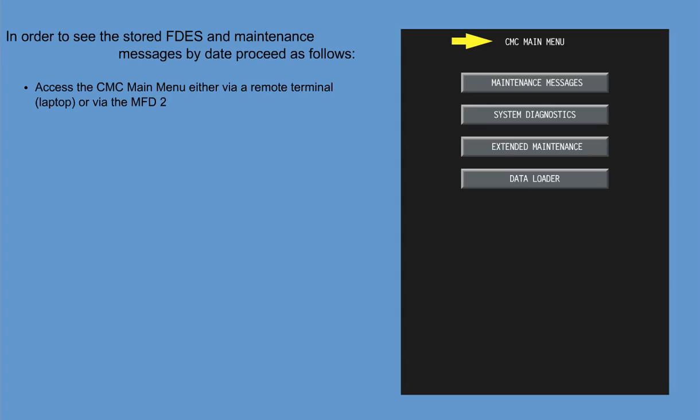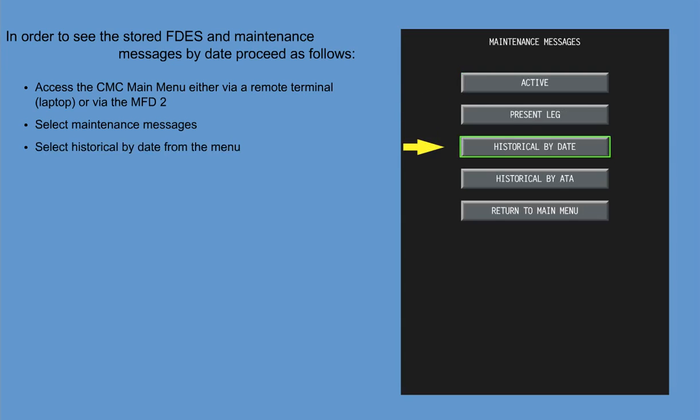To view the stored correlated FDES and maintenance messages by date, proceed as follows. First, access the CMC main menu, either with a remote terminal, laptop, or using the MFD2. Select Maintenance Messages. From the menu, select Historical by date.